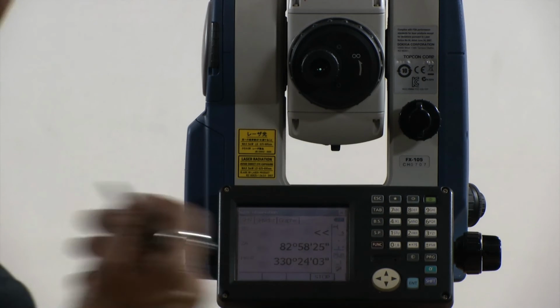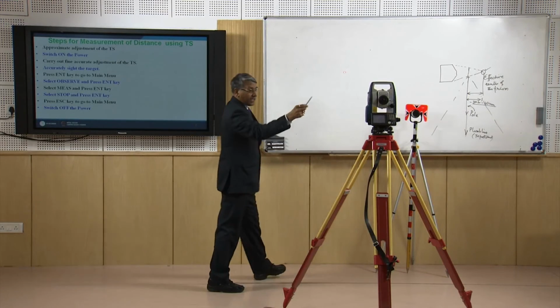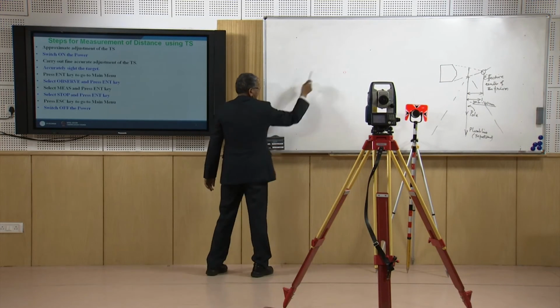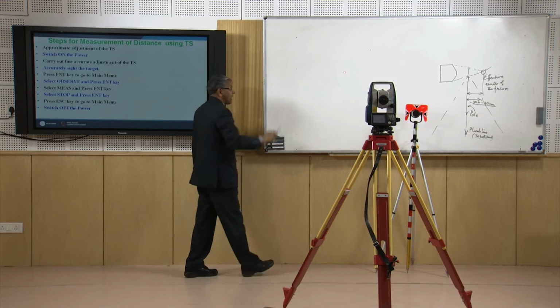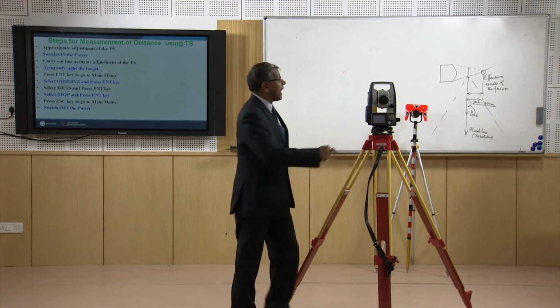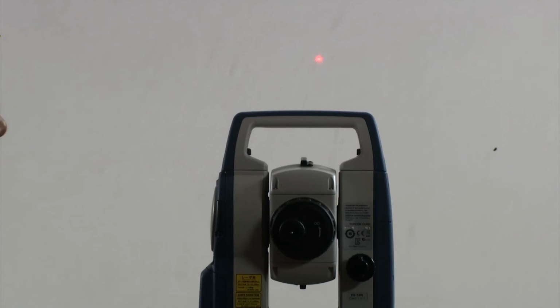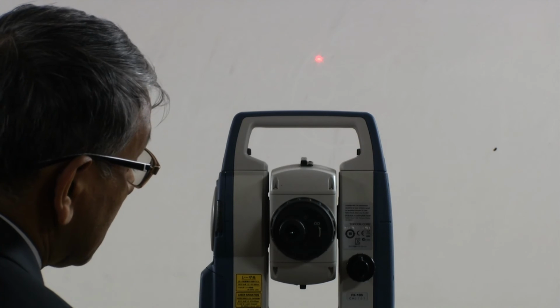Now it is measuring. Now you can see there is a red laser beam here. You should take care not to go in front of it because it may harm your eyes. So this is the laser beam, you can see it has been used to find out the distance and stop.